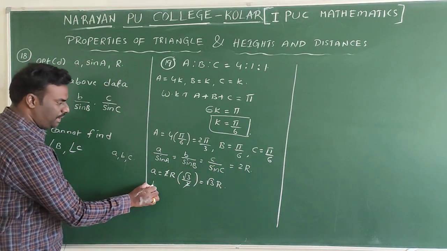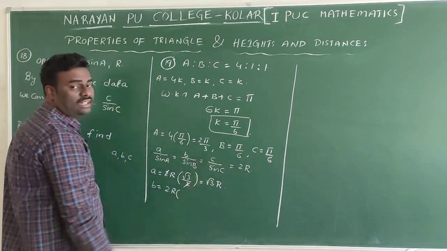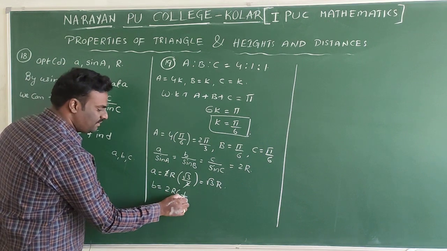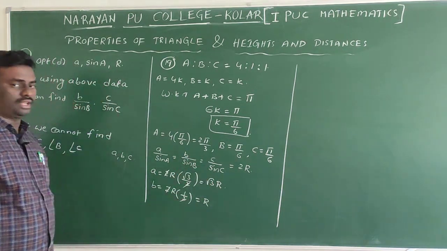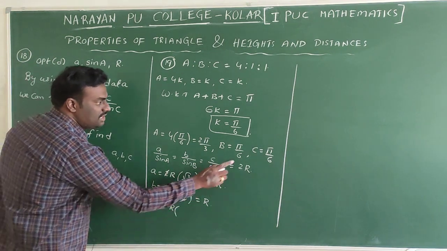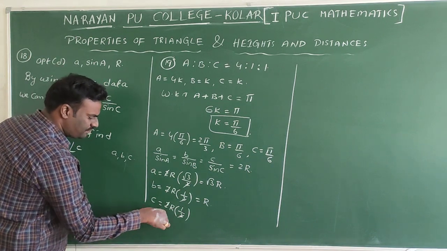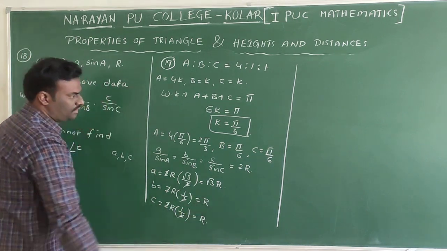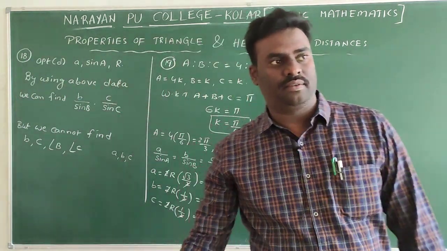Next, b equals 2R sin B. B means 30. Sin 30 value is 1 by 2. And c means 2R sin C. C value is pi by 6. Sin 30 is 1 by 2. Finally, we got a, b, c values in terms of R.